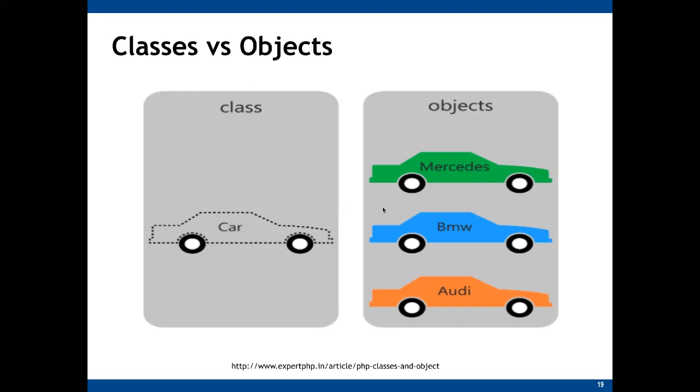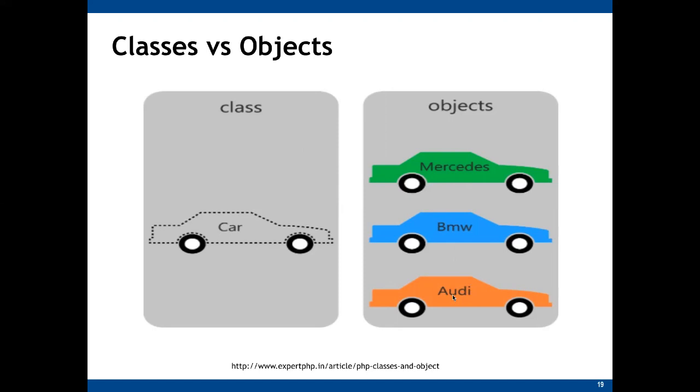On the other hand, using this car class template, if you make real cars, such as a Mercedes, BMW, and Audi, then these are the objects of this car class, because these objects are created based on this class. So unlike class, an object is a concrete thing. It has a value or data. So this is a very important concept in OOP.